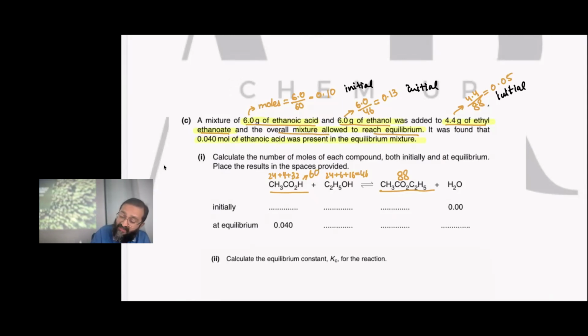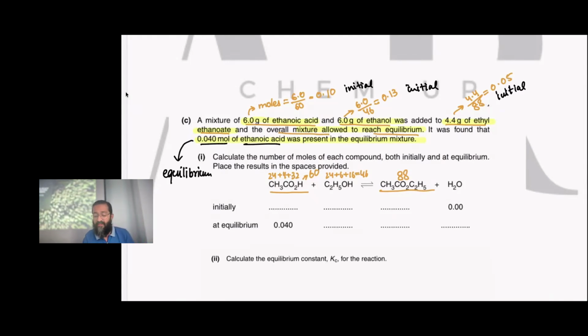So it means these are the moles at equilibrium, of ethanoic acid only. What are they asking, and what is their requirement? Calculate the number of moles of each compound both initially and at equilibrium. Okay, so remember, I'll just quickly go through this.